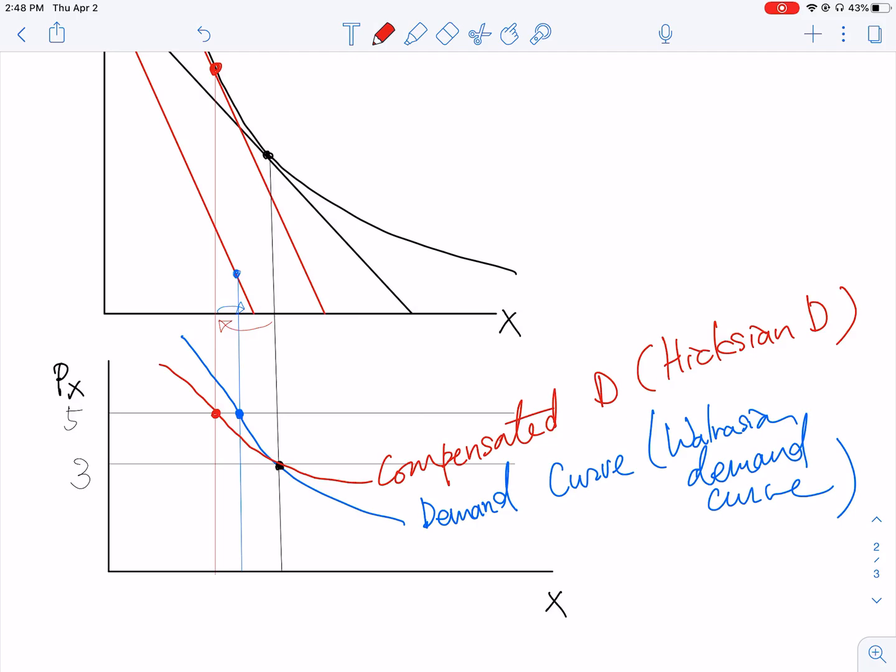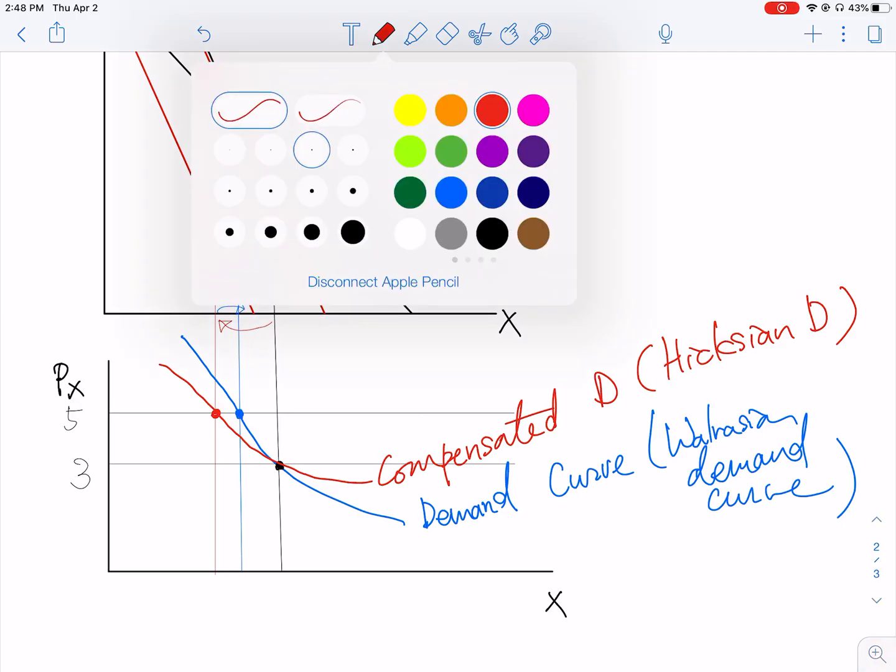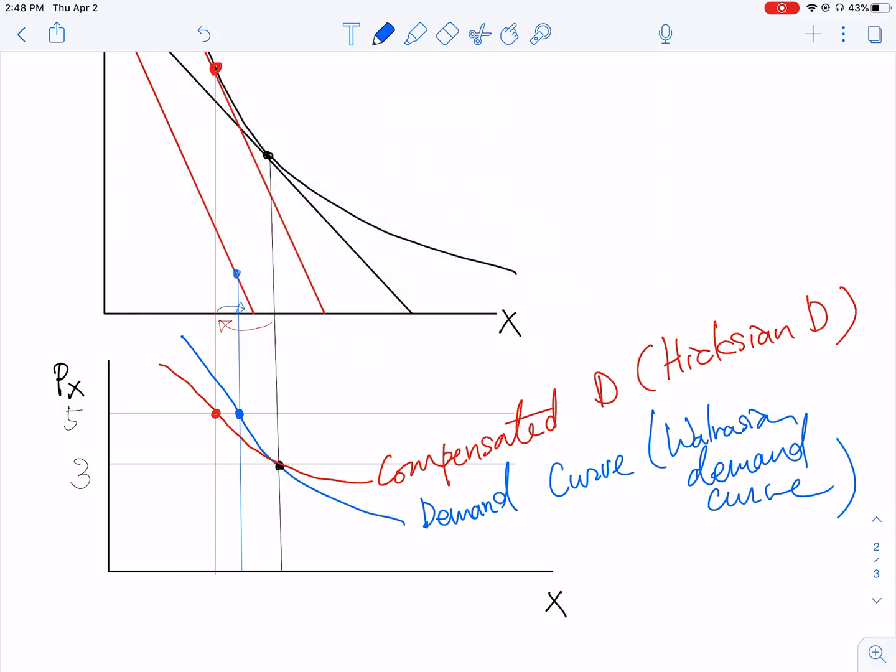And this is not a coincidence, because the income effect goes in the opposite direction, so it's going to neutralize some of the substitution effect, so that the demand curve is going to respond less to the price change, right?